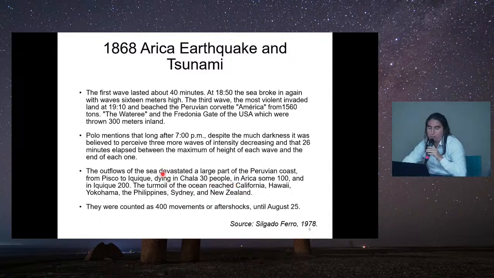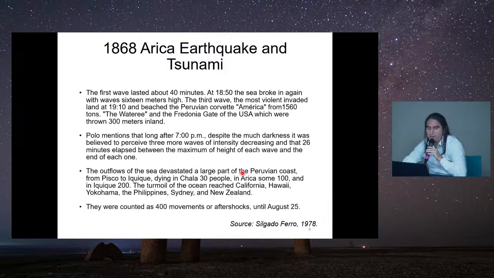or the people who died in this earthquake. In Chala, for example, 30 people were found dead. In Arica, around 100. In Iquique, around 200. And the wave was also felt in California, Hawaii, Yokohama, the Philippines, Sydney, and New Zealand.